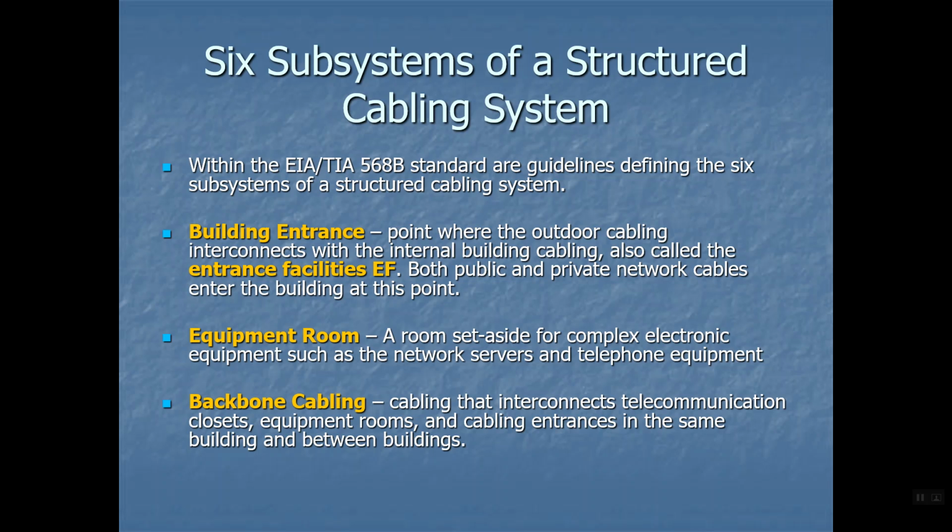In many cases, if it is a new building, you have to design the entrance. It might be over the air. It might be a hanging wire or cable that comes from a utility pole, or in most cases, when there are big buildings, you're going to have to design it.